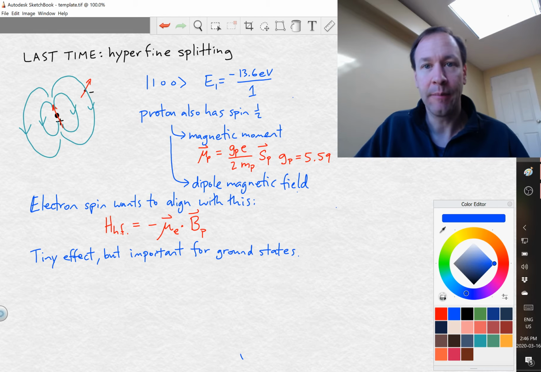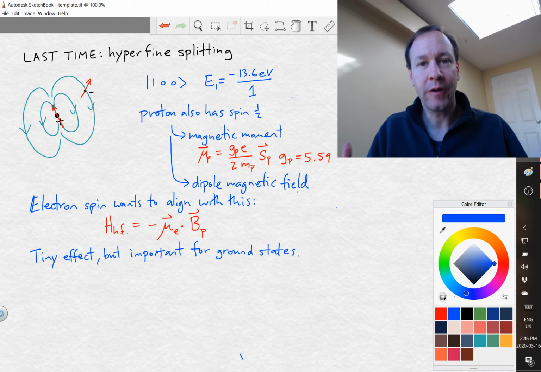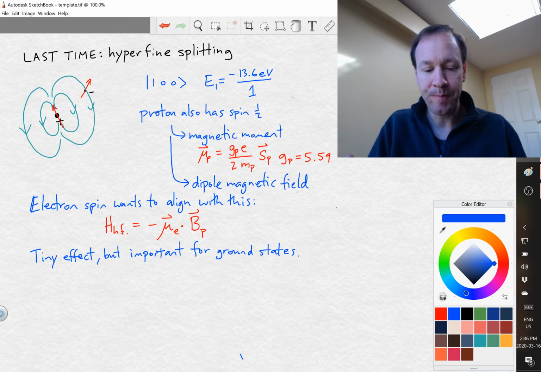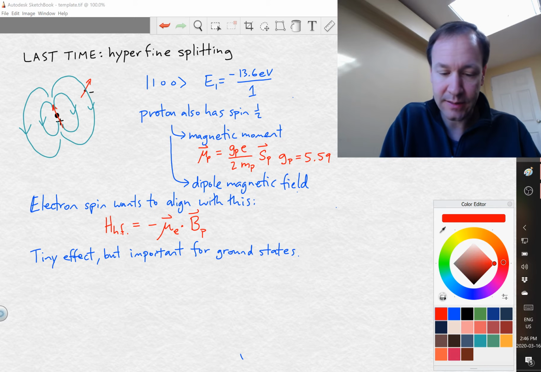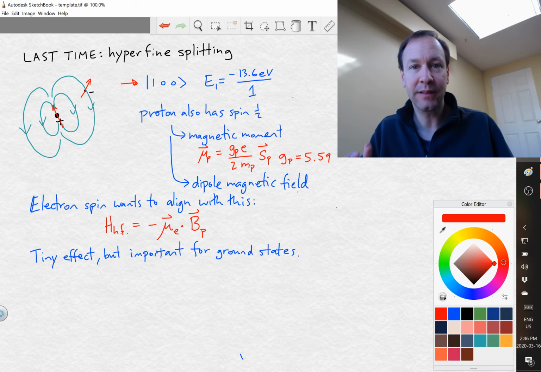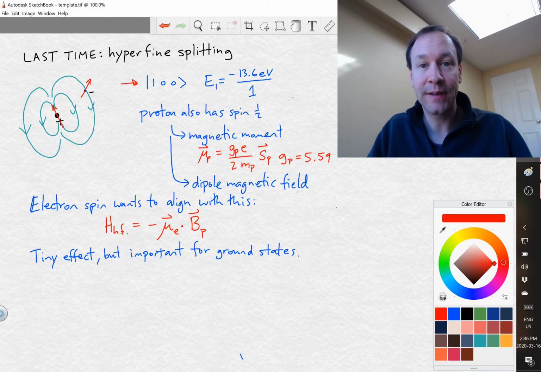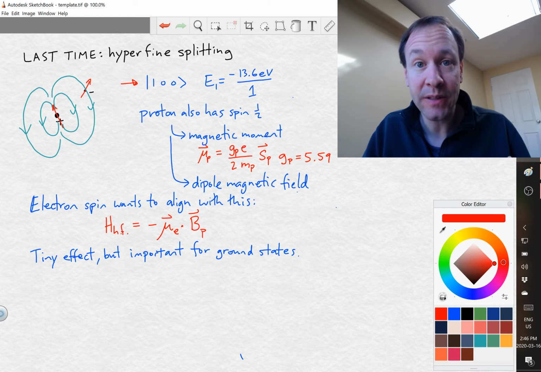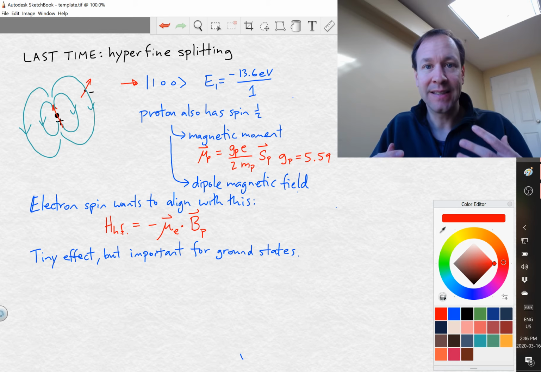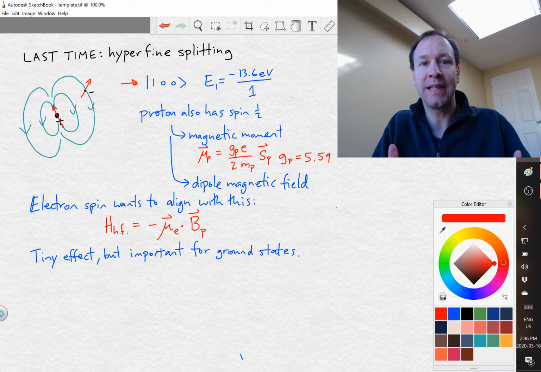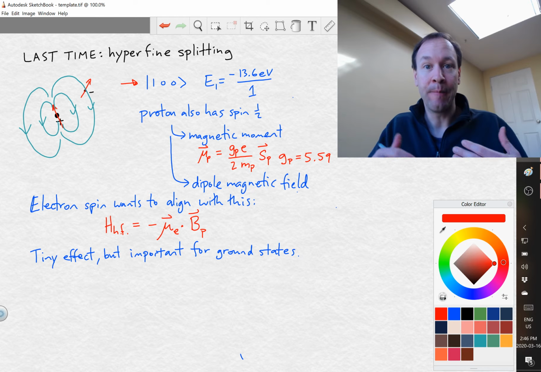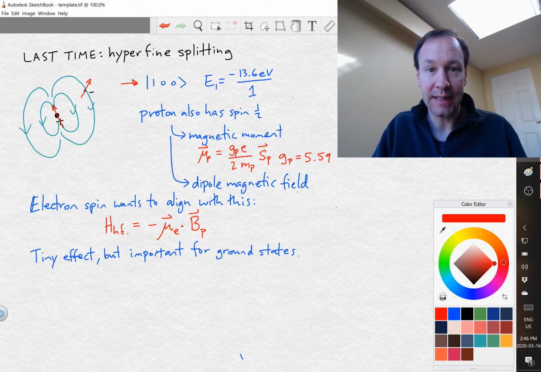And so how can that be? First of all, we started out saying there's this single ground state. So what we're talking about here is the fact that when you take into account the electron spin and the proton spin, instead of just a single ground state, we now have a space of ground states with 4 different basis elements.